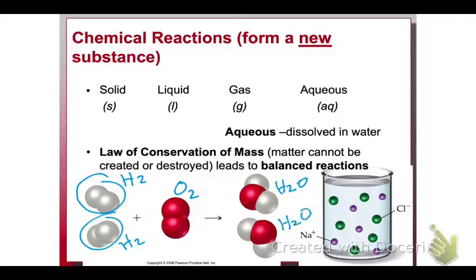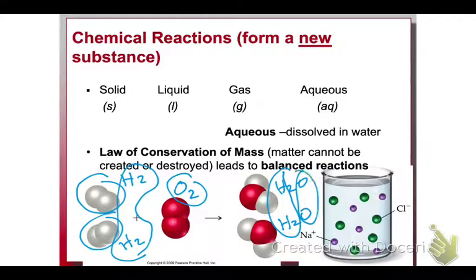We have a total of 4 hydrogen atoms in the reactants, and we still have that. We have a total of 2 oxygen atoms, and we still have that. So matter cannot be created, it's not going to come out of nowhere, nor will it be destroyed. It will be converted to something else.